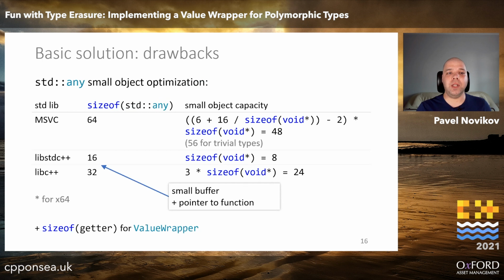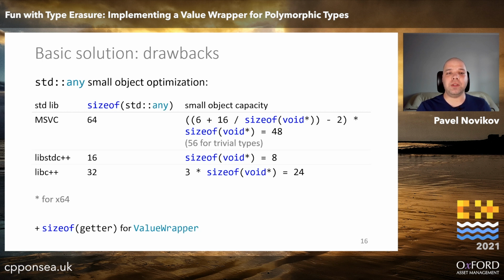For libstdc++ and libc++, which are implemented kind of similar, we have 16 bytes for the size of std::any and 8 bytes for small buffer. For libstdc++ and for libc++, we have 32 and 24 bytes respectively. So this is all for x64 configuration.